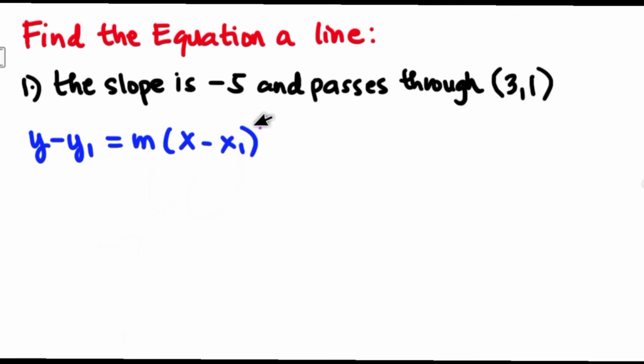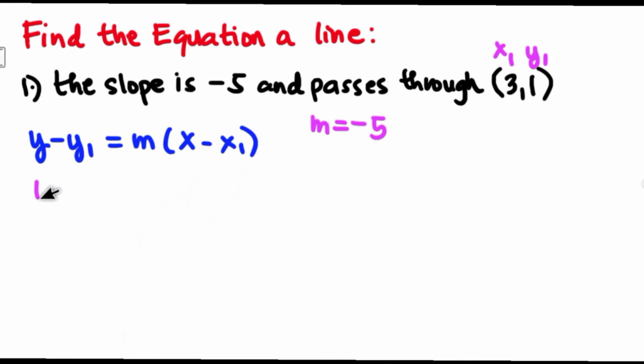So, yung slope po o yung m is negative 5. And yung point natin na 3, 1, so ito po yung x sub 1 at ito naman po yung y sub 1. So, ilagay po natin dito sa equation.